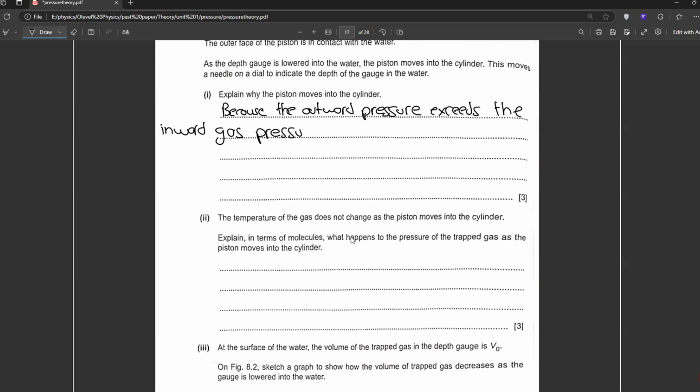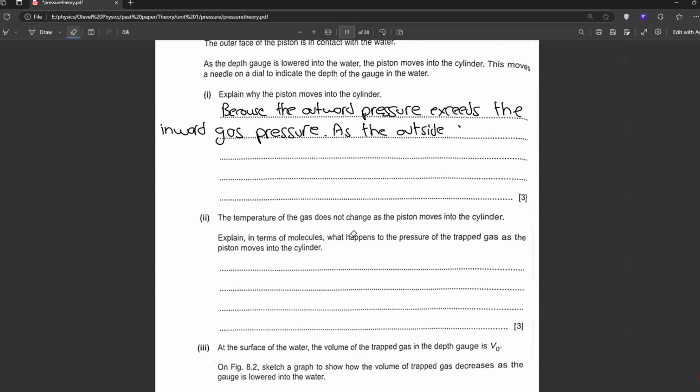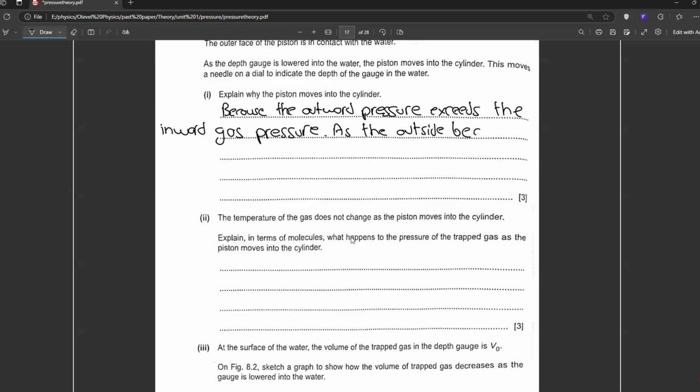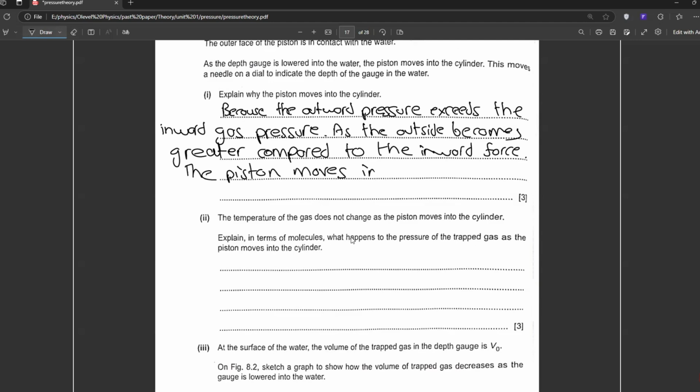Or you can further say something like this: as the outside force increases, as the outside force becomes greater compared to the inward force, the piston moves inwards due to a resultant force.